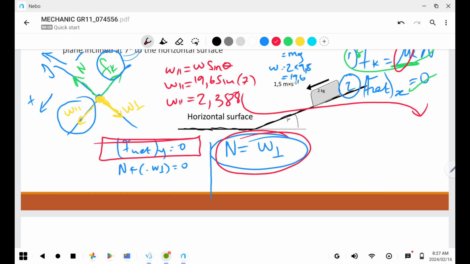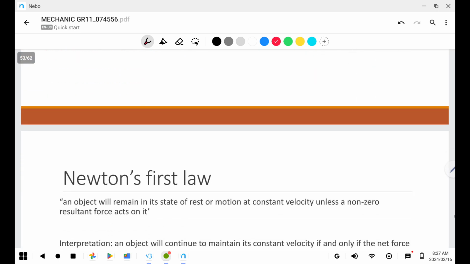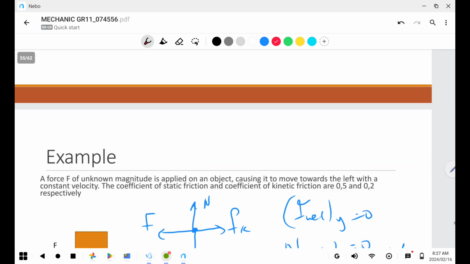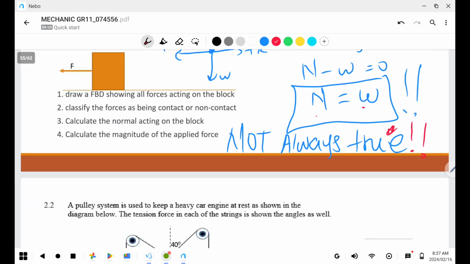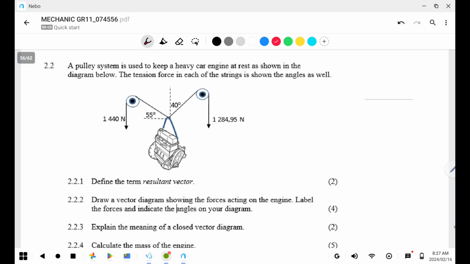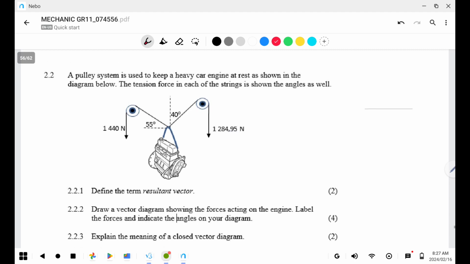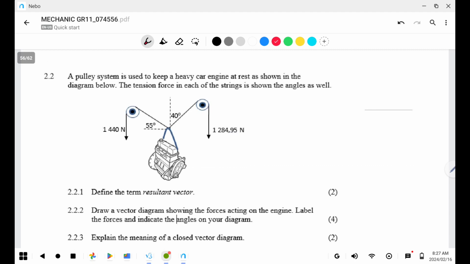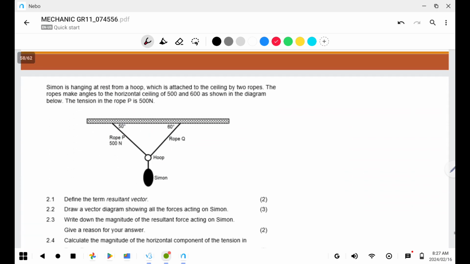Because you will see that this is not always true, and this is also not always true. And we're going to see that we can have a different expression for the normal when we look at more problems from today. But this one, I think I'm going to give this problem to you guys so that you can try it out. But I am just going to look at this one for today.